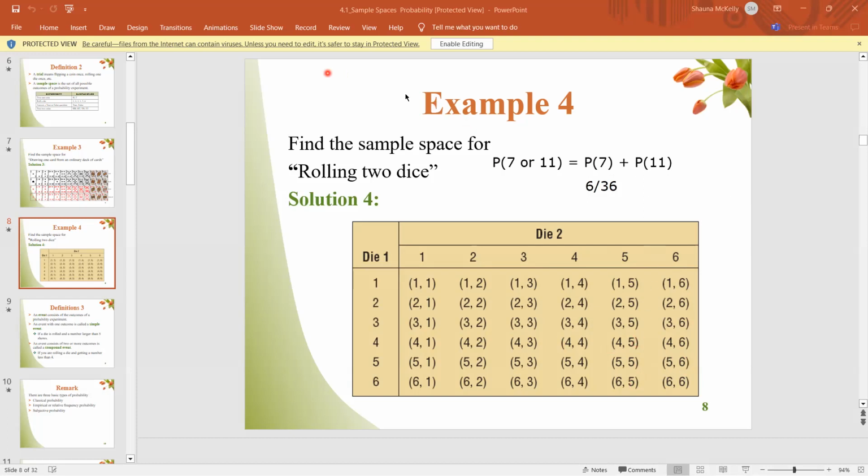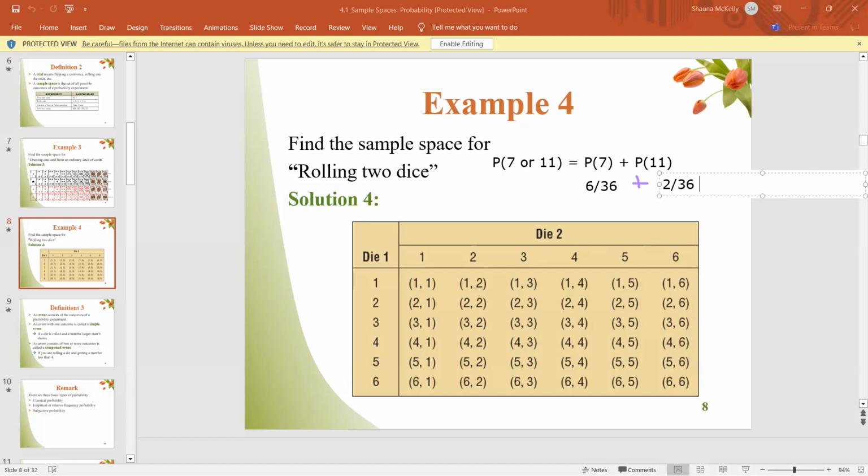So now we're going to add those up, right? There's 2 out of 36 here. If I add 6 out of 36 and 2 out of 36 together, how much does that give me? 8 out of 36.